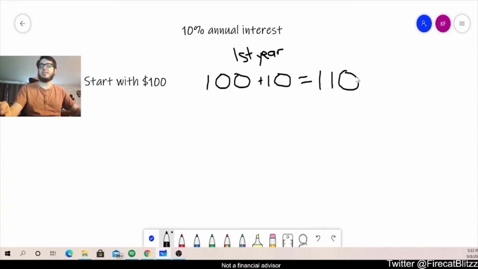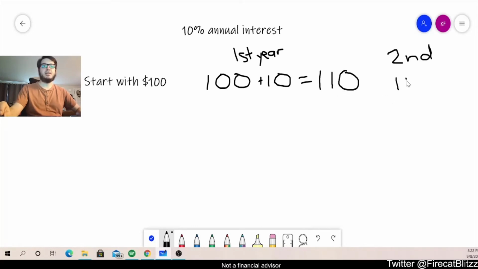Okay, now if we let that sit there and we don't put any more in, and we let it sit another year, so we're going to have our second year, that's going to gain another 10%. So not only is our original investment going to gain interest, but our interest is also going to gain interest. So we have $110 at the start of the second year. Now we get 10% off that for this year, and that's going to be another $11.